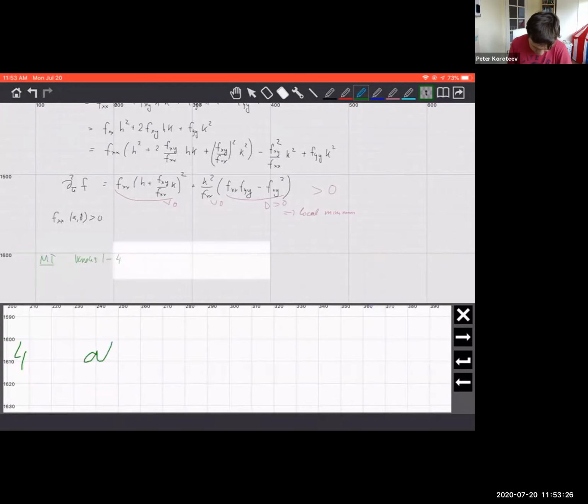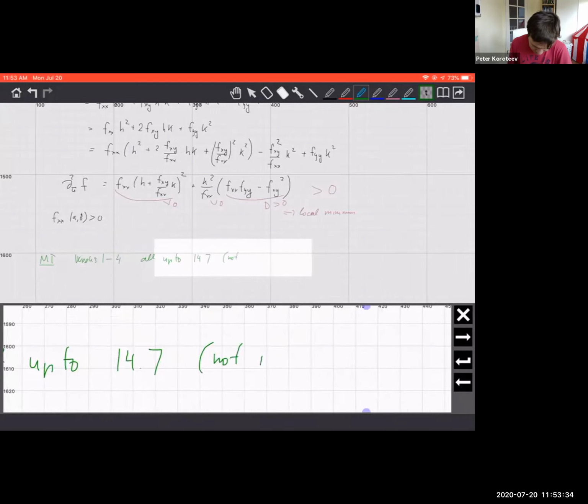So it's all up to 14.7, not including 14.7. Tomorrow we'll do 14.8, and then solve some problems.